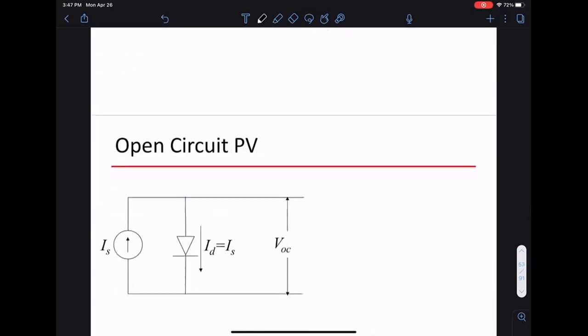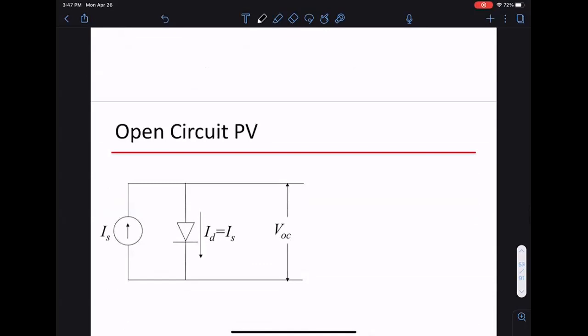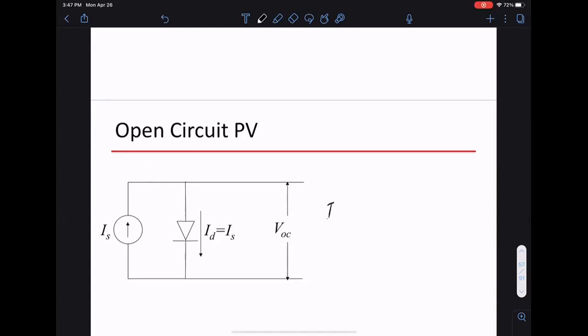Then we can talk about open circuit voltage, right? So if you open the load, then all the current has to go through the diode. Okay? So the diode carries all the current. And here I have the total current through the diode as the current generated by the solar current.